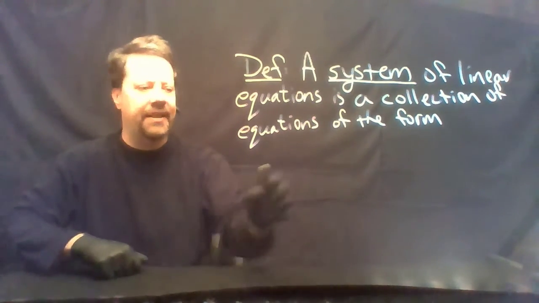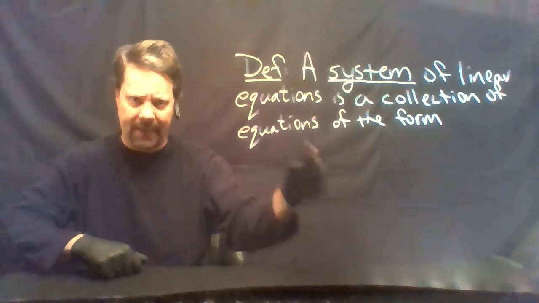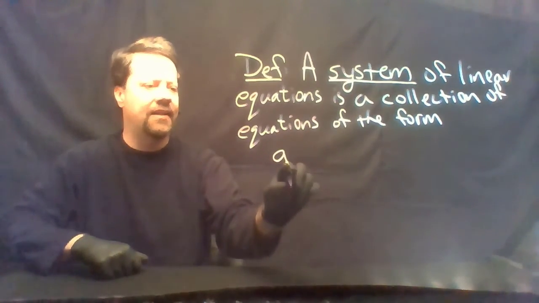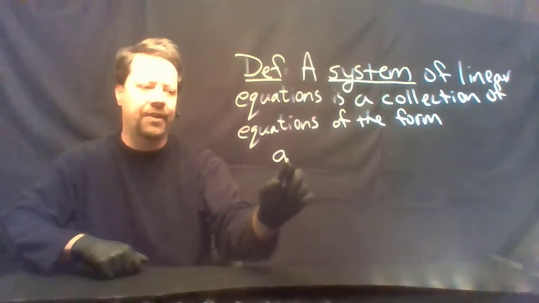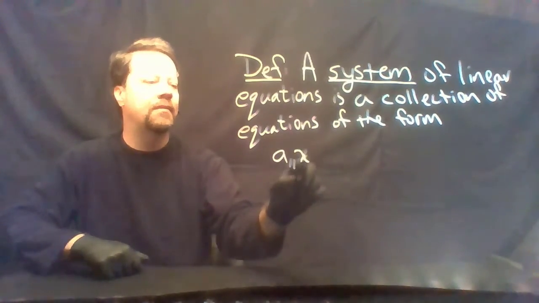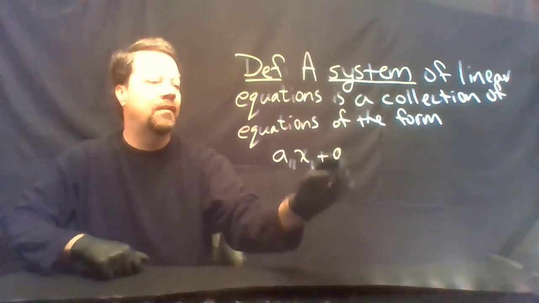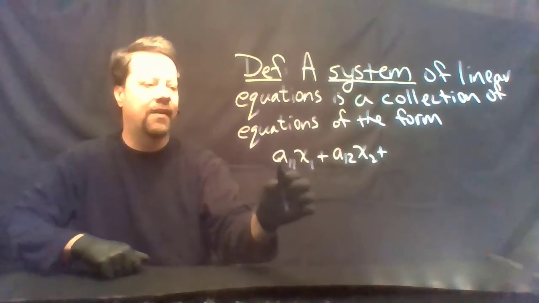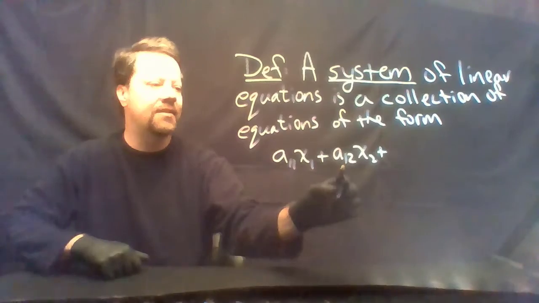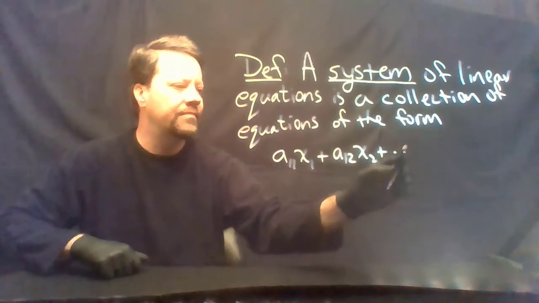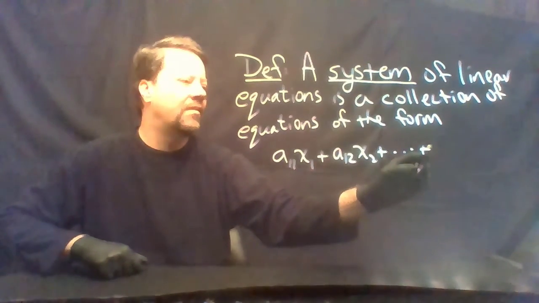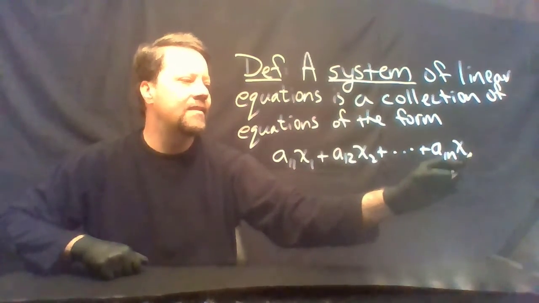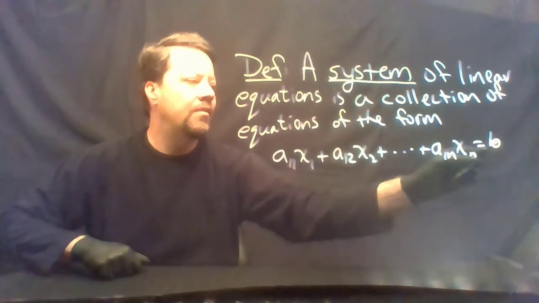Let's suppose that our variables are x1, x2 through xn, and constants, coefficients, are a11, a12, x2. So we have constant times variable plus constant times variable. We're going to keep going until we get to a1n, xn equals b1.